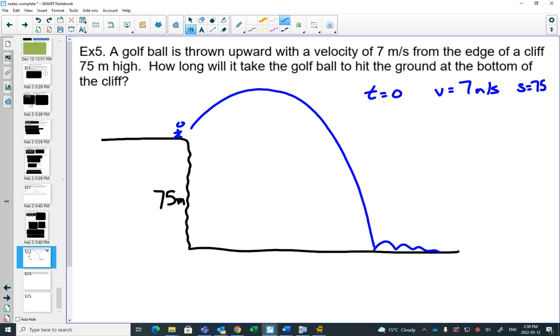What we want to find is how long it'll take the golf ball to hit the ground. Well, we'll see if it's easier without calculus or not.